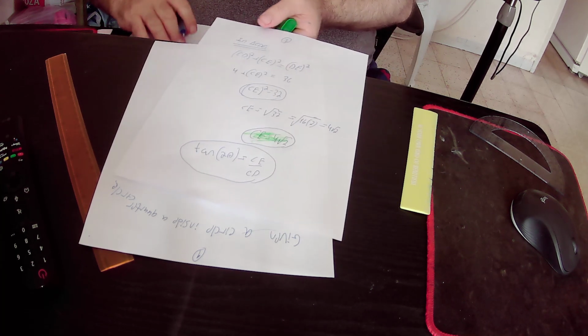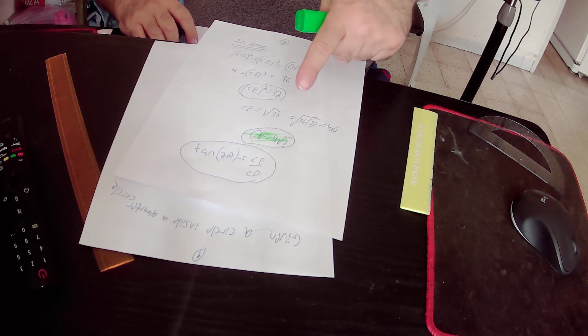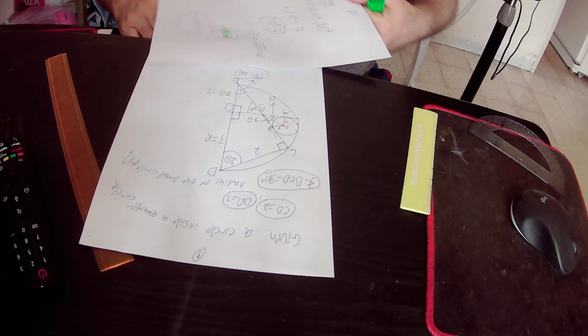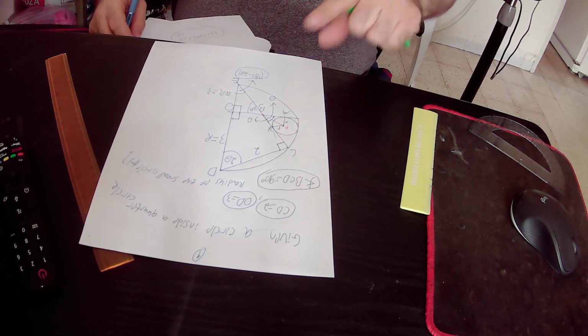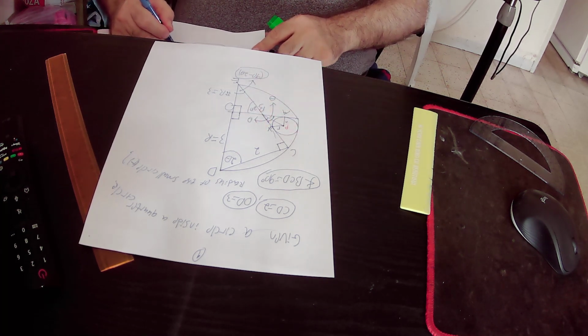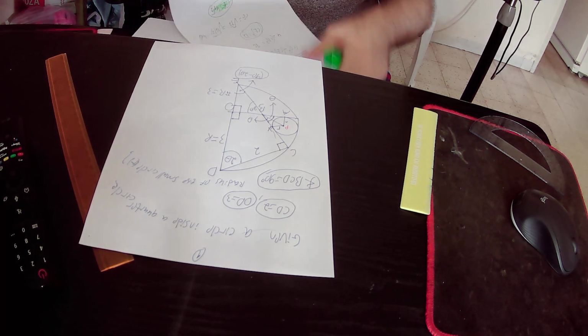Again, tangent 2 theta equals CE over CD. But we know that CE equals 4 times root 2, and we know that CD equals 2 units. So we can write here CD equals 2.